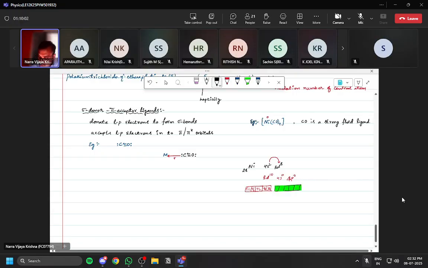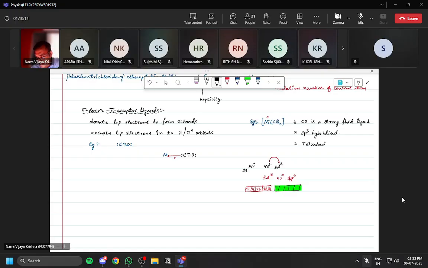So this is sp3 hybridized geometry, tetrahedral geometry. Right?